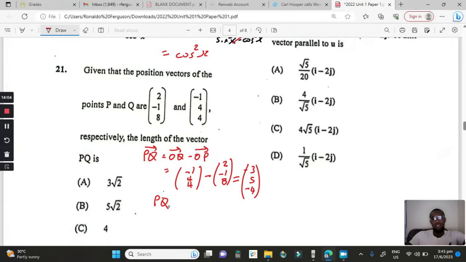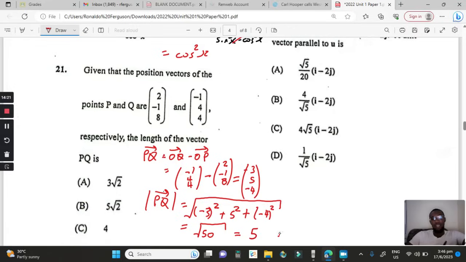And I want the magnitude of PQ. So the magnitude is negative 3 square plus 5 square plus negative 4 square, and then we square root it. That's 9 plus 25 plus 16. That's square root 50, and you put that in a calculator, that's 5 root 2.